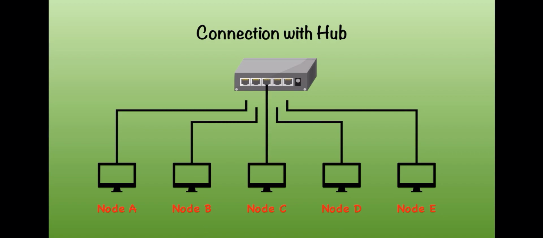Here you can see that a hub is connected to 5 nodes or 5 workstations, also we call nodes workstations. So this hub is connected to 5 nodes, node A, B, C, D and E. And as I said, in a hub the signal received on one port is transmitted to all other ports.